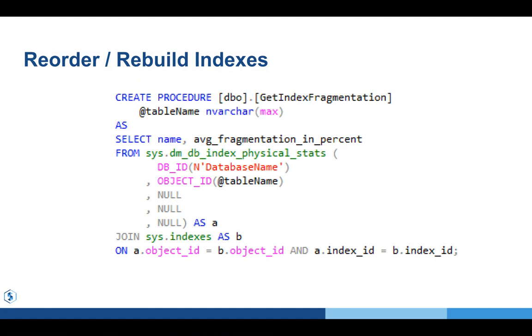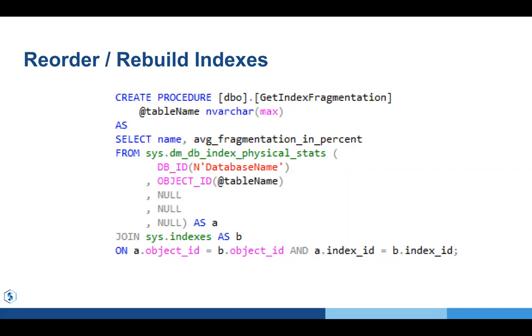We just need to send our table name as a parameter and get all the indexes created for that table, and also all the fragmentations. The fragmentations will be a percent value like 21.62, stuff like that.